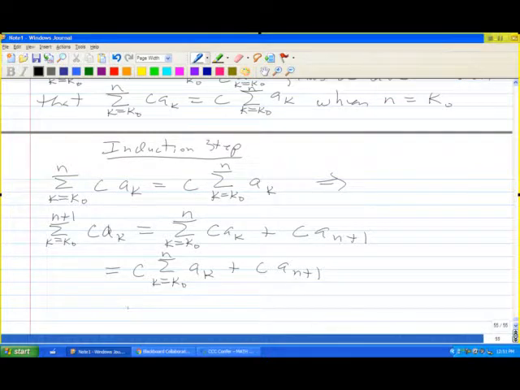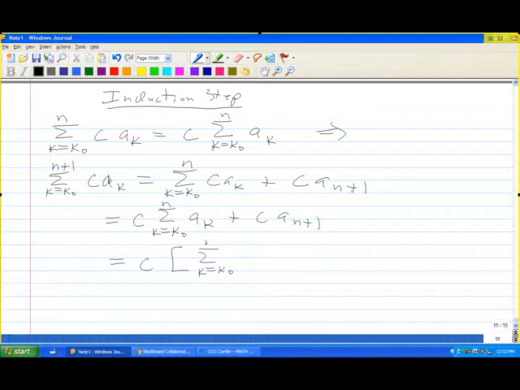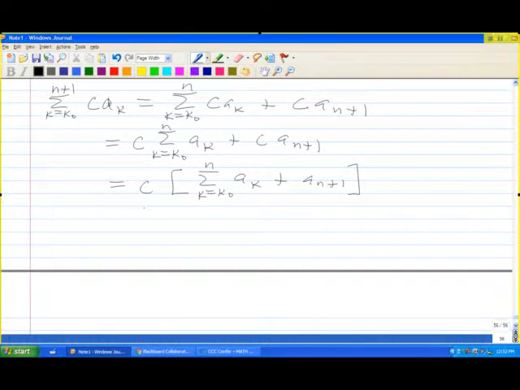And now I can factor out the c from each of these terms, since the c is in common. But this last term here is just the next term in this summation. And so this is just the sum k equaling k0 to n plus 1 of a sub k. And so I've shown the induction step.